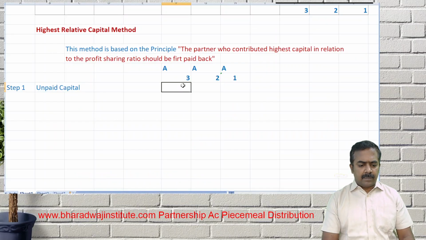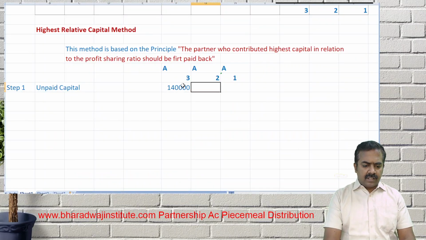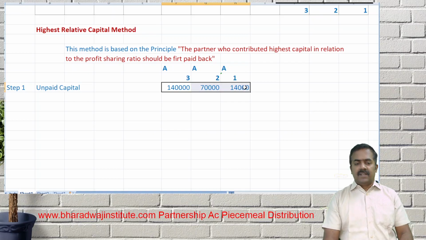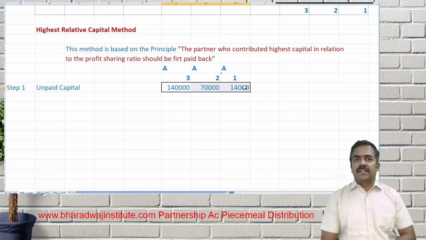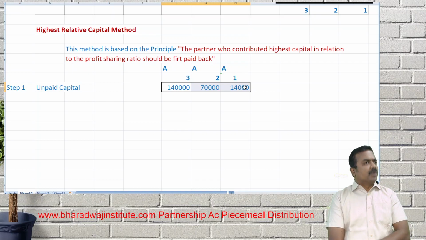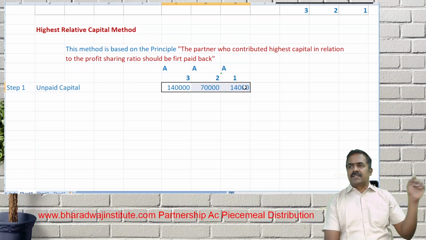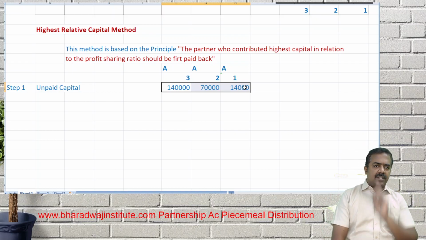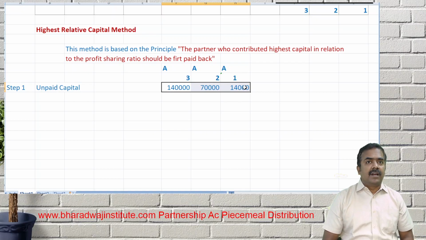What is the capital of the partners? 1,40,000, 70,000 and 14,000. In this problem it is plain and simple. In the earlier problem you have to work out unpaid capital, capital balance, adjusted for current account, general reserve, P&L account. That is called as which one? Unpaid capital. Step 1, what is it? Calculate which one? Unpaid capital.